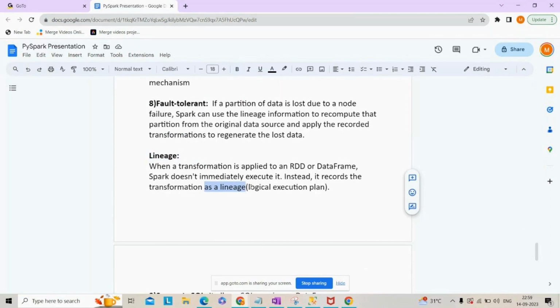That means it builds a logical execution plan.